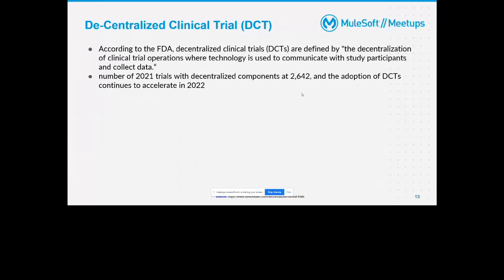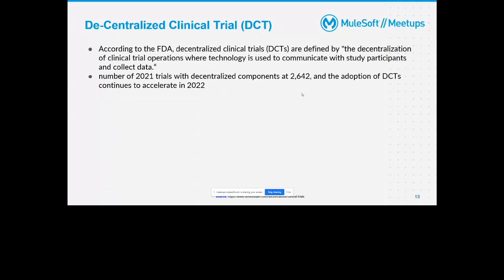But in an entirely decentralized process, they will provide you a wearable device. It's kind of a Fitbit, and it will start monitoring all your vitals, and through an IoT platform it will continuously share the information to your centralized trial location or facility.